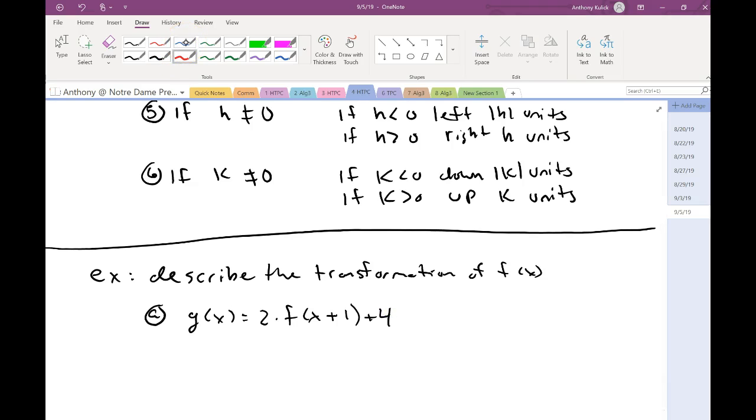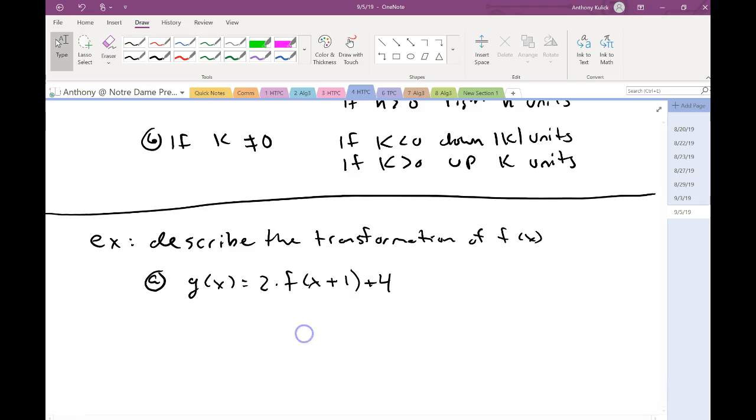So let's say we ask you to describe the transformation of f of x. And I tell you that we have 2 times f of x plus 1 plus 4. The first thing I'm going to do is identify my values for a, c, h, and k.